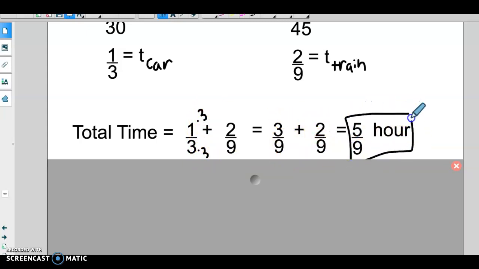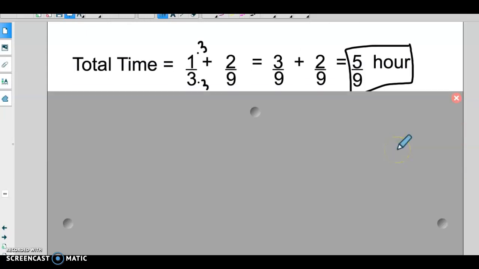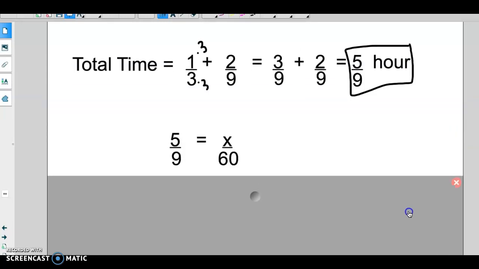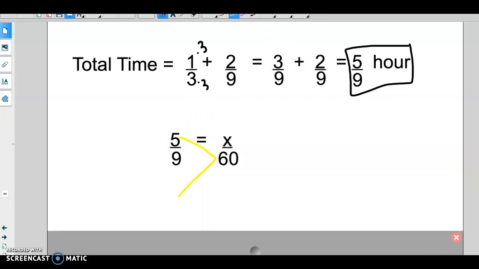But that's kind of bad math in a word problem, right? I can't really say, oh yeah, 5/9 of an hour, that's how long it took. Well, I can, but it doesn't really make sense. So I want to relate it to minutes. So I'm going to say 5/9 equals how many minutes? So x over 60. We're going to do something called cross multiplication. So 5 times 60 gives me 300.